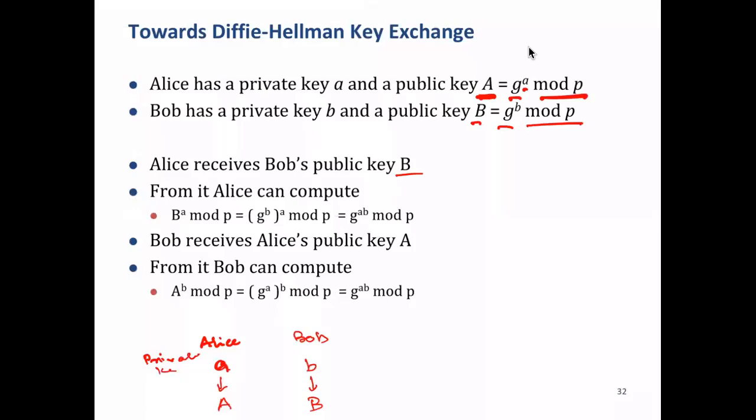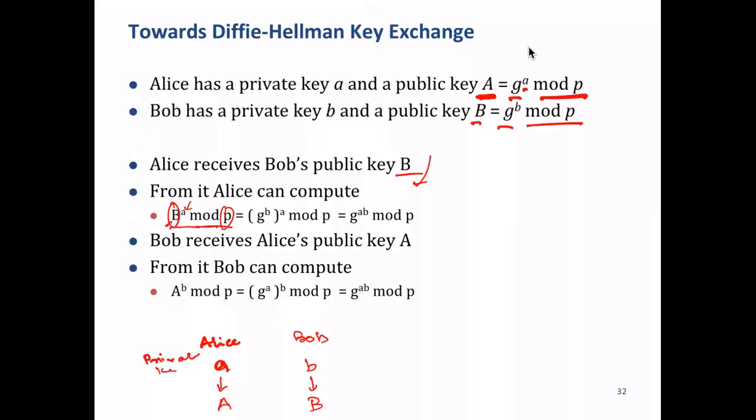From the received key B, Alice can compute B raised to the power a mod P, because B is given to Alice. It comes from Bob. a she knows because a is her secret key, and the mod function she knows, and P is also known to everyone. So B is known, so this value she can easily calculate.